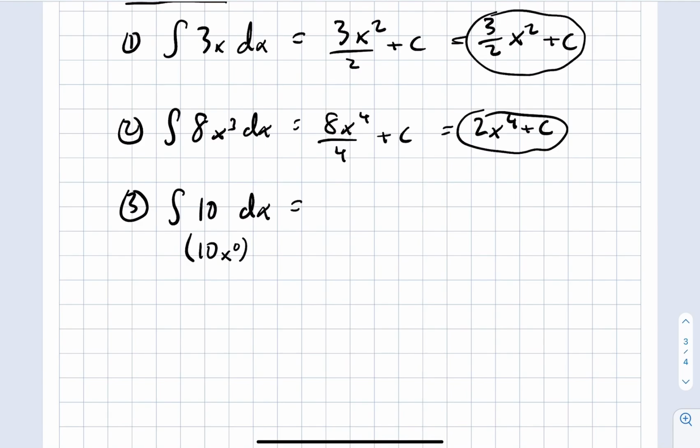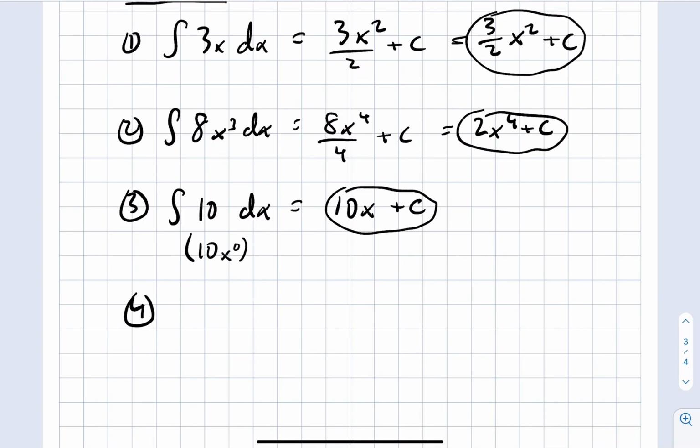So now if I add 1 to this exponent, that's just going to be 1. So this is going to be 10x to the first power, all divided by 1, but we can just leave that as 10x, and then plus c. And again, if I find the derivative of 10x plus c, it's just going to be 10. So we know we did that right.